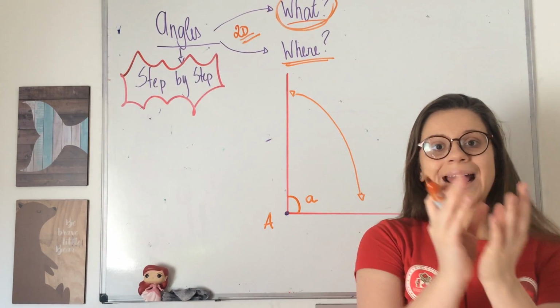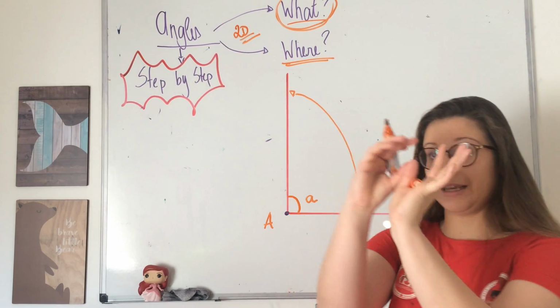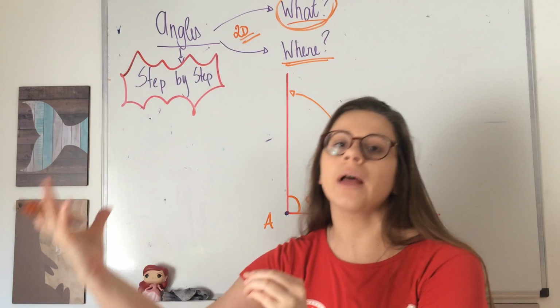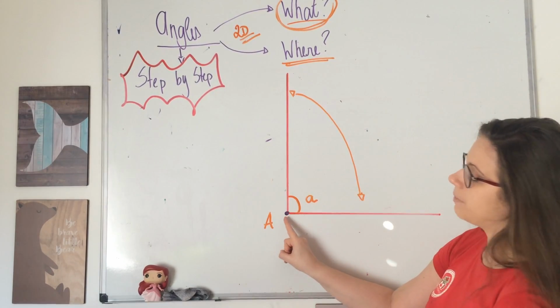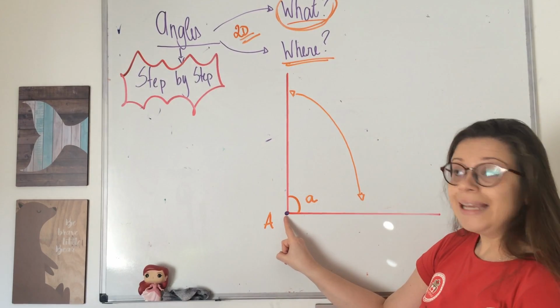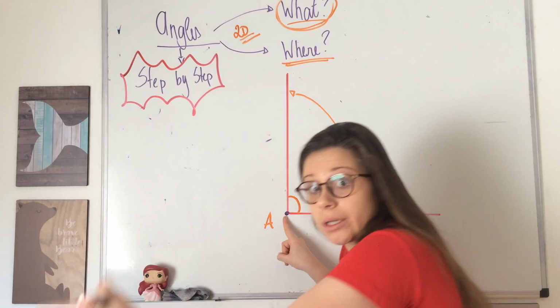So when I have two lines connected by a vertex, it's a consequence. It's not an option, it's a consequence.